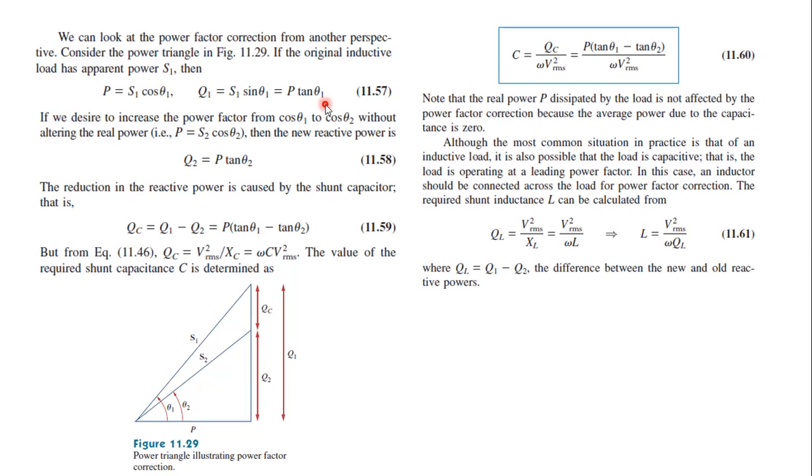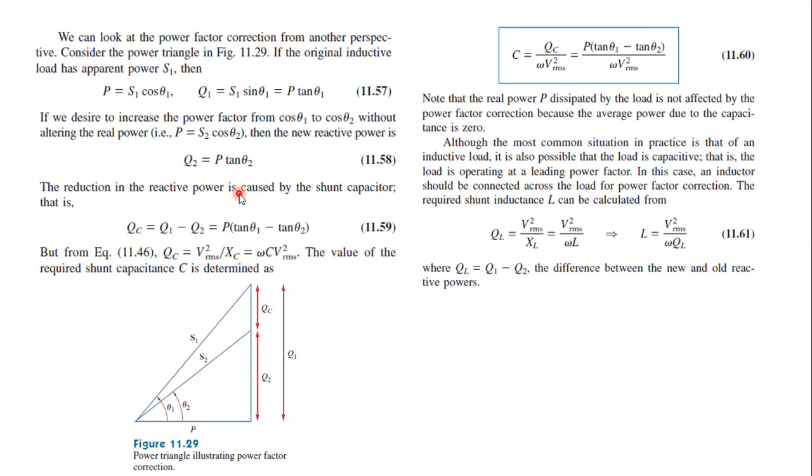Now what we are desiring to do is, we want to improve the power factor from cos theta 1 to cos theta 2 without altering the value of P, right? So cos theta 1 is the power factor angle for the first circuit, and we want to make it theta 2 without altering the value of P. Then the new reactive power Q2 can be written as P tan theta 2.